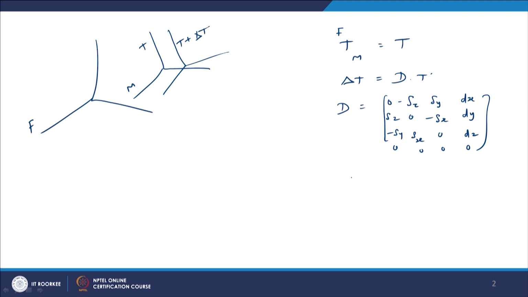So, the same thing can also be written as T times D superscript T, where D superscript T is given by 0, minus del z superscript T, and so on. Everywhere we put a T along with the translation and rotation.